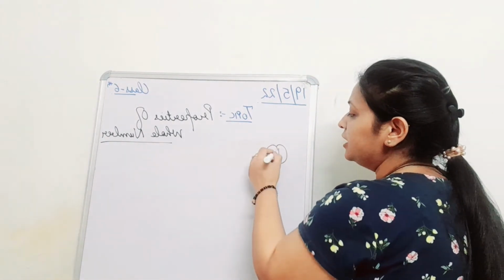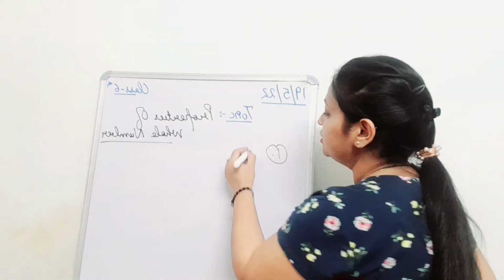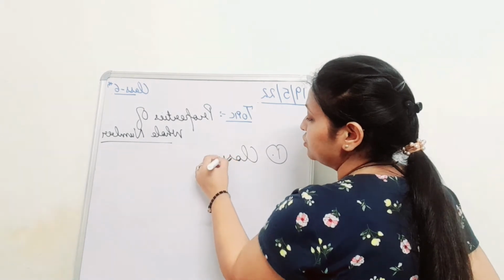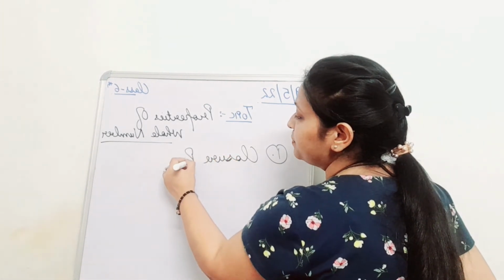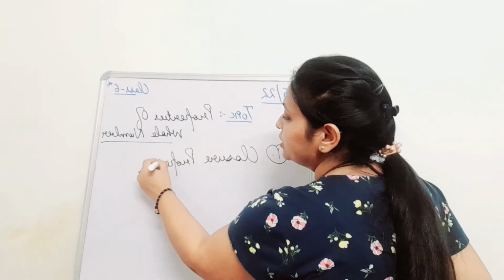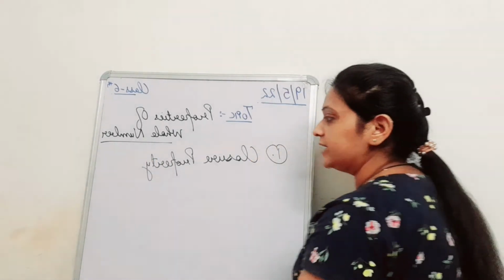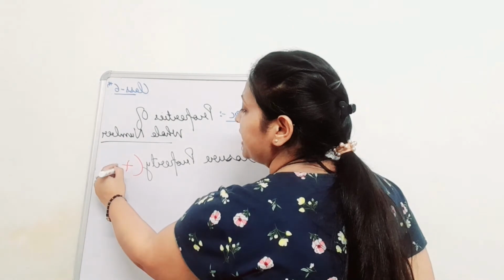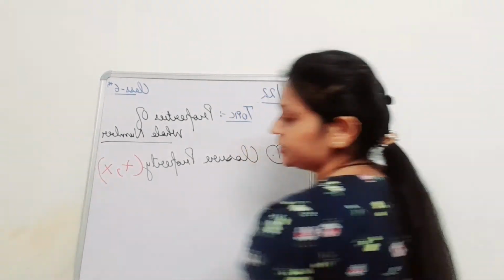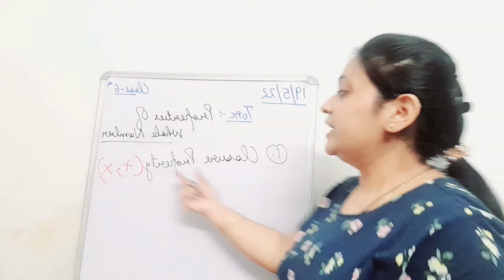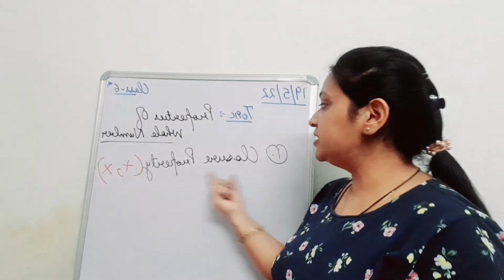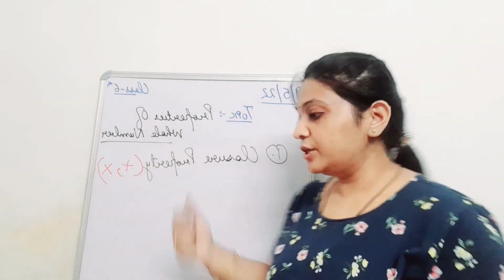First of all, which property have we studied? Closure property. Very good. And in closure property, which operations hold? Only addition and multiplication. Right, students? Division and subtraction do not hold the closure property.